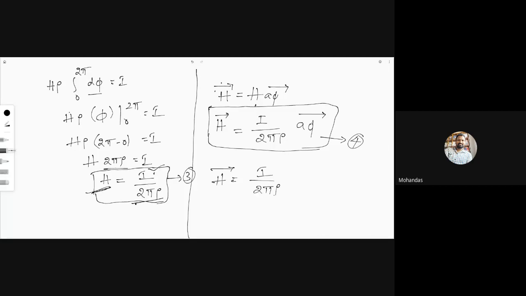This is from Biot-Savart's law. This fourth equation is the same as the equation derived from the Biot-Savart's law, but it simplifies the calculation. The conclusion is that we get the same answer.